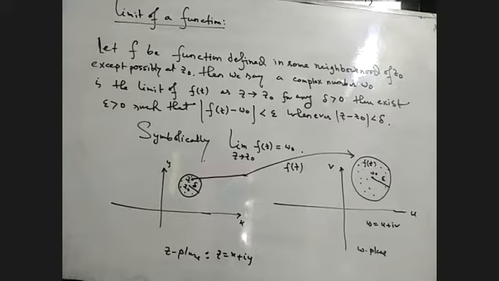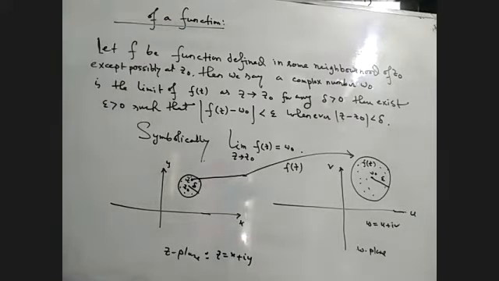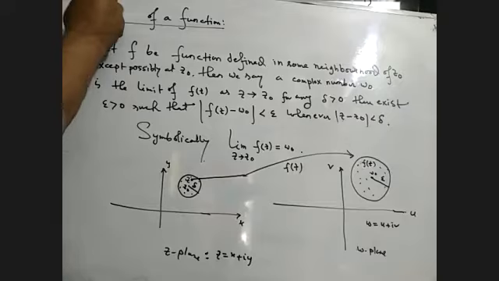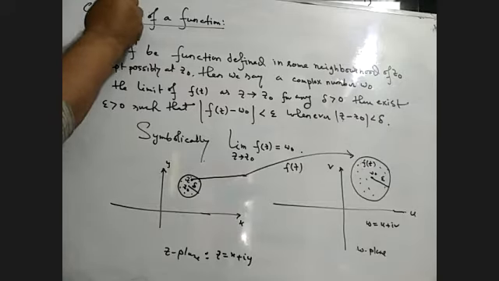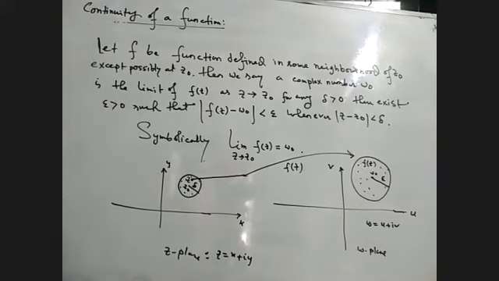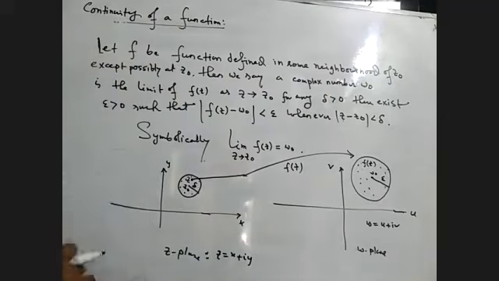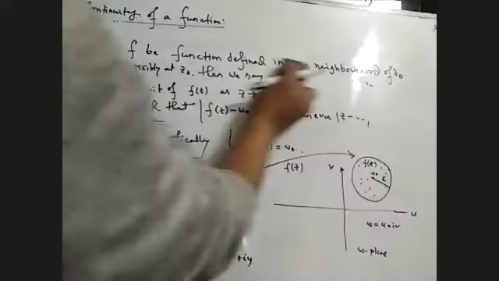Now we will try to define the continuity of a function. What will be the continuity of a function? Continuity of a function of a complex variable. Let f be a function defined on some neighborhood of z naught, including z naught.